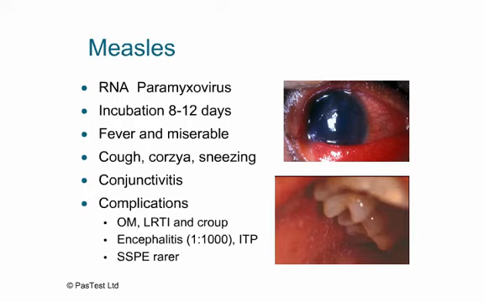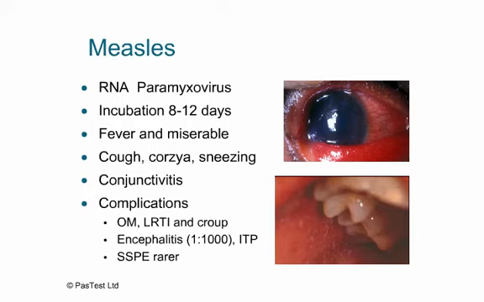Encephalitis is relatively common with an incidence of 1 in 1,000, as is idiopathic thrombocytopenic purpura. Subacute sclerosing panencephalitis, with a much, much worse prognosis, is much rarer.